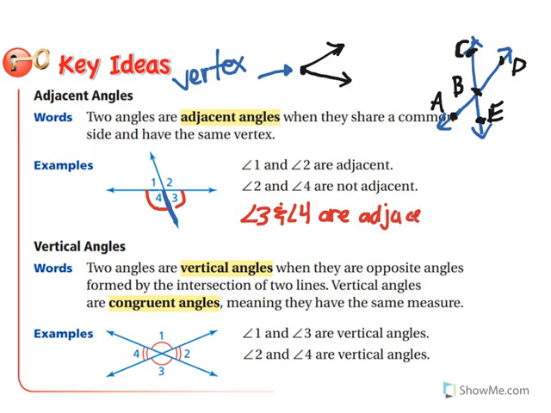We also know that angle 1 and angle 2 are adjacent because they share a common side. It's like right here. And then you see over on the next one, angles 2 and 4 are directly across from each other. They are not adjacent because they do not share any sides in common. They share a vertex, just not a side.